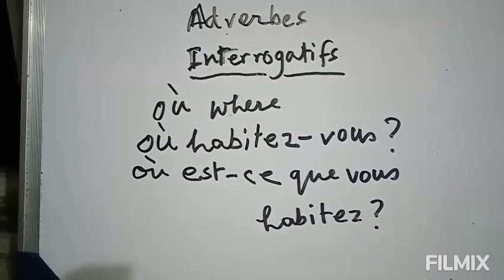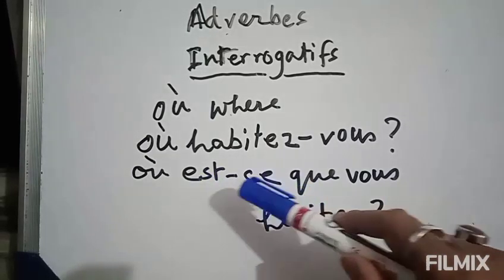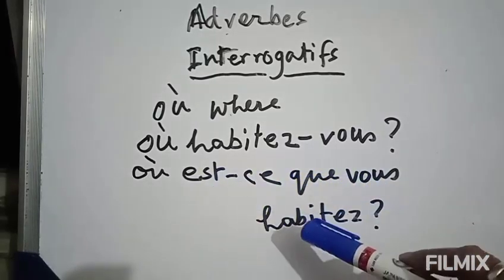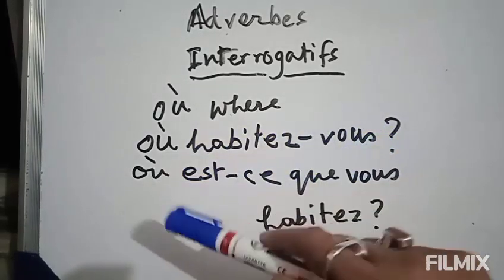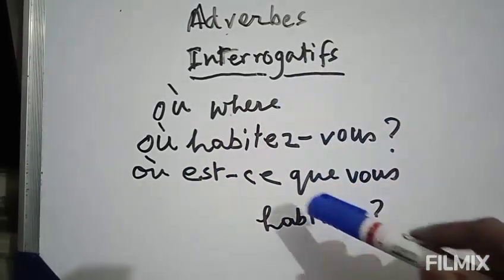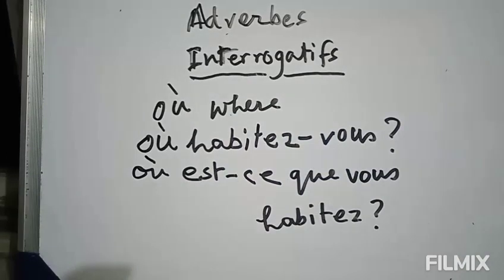That is, où habitez-vous or où est-ce que vous habitez? Est-ce que is an interrogative element, a ready-made expression we are using for this purpose. Où habitez-vous and où est-ce que vous habitez have the same meaning, both are interrogation. Where do you live? This is an example regarding où, an interrogative adverb.